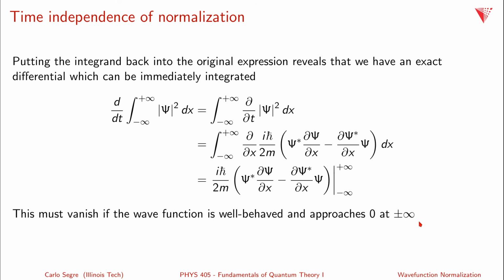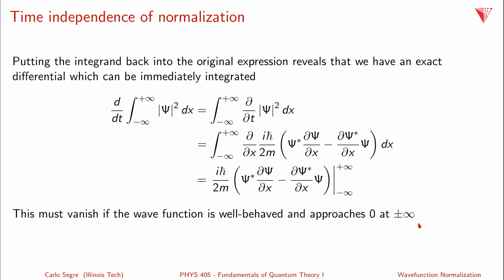It can't even go to a constant value at infinity. Otherwise, it can't be normalized, because its integral from minus infinity to infinity is infinite. So the only physically significant, that is normalizable, functions are ones that approach 0 at plus or minus infinity.